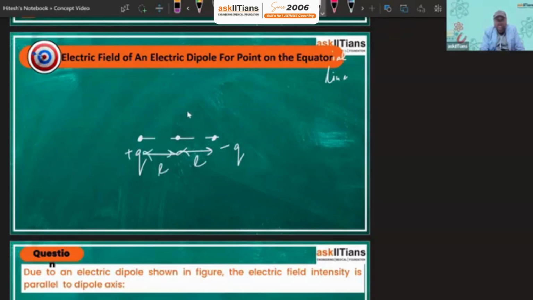Now, if I draw a perpendicular bisector here, this line is known as the equatorial line, right? Here we have to find the electric field at a distance r from this midpoint. So let's say the point is here, and I want to find the electric field at this point.